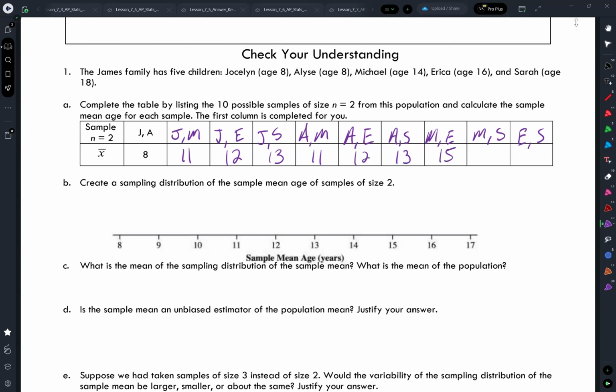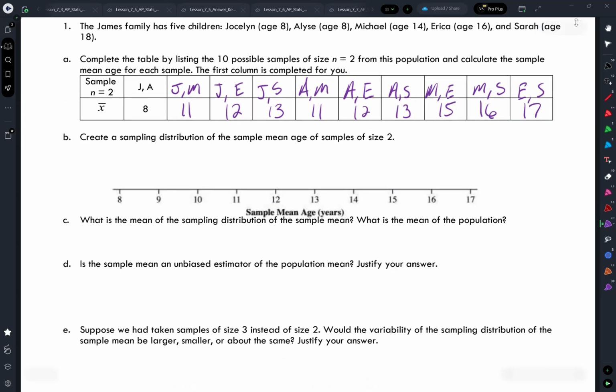And 15. Michael and Sarah would be 16. And then 17. So the sampling distribution of the sample mean age of samples of size 2: we've got 1 dot at 8. Typically we use dots. I'm going to use the x bar to drive the point home that this is, in fact, a sampling distribution. But yes, it is a dot plot. I am aware of this. I am just trying to drive home a point.